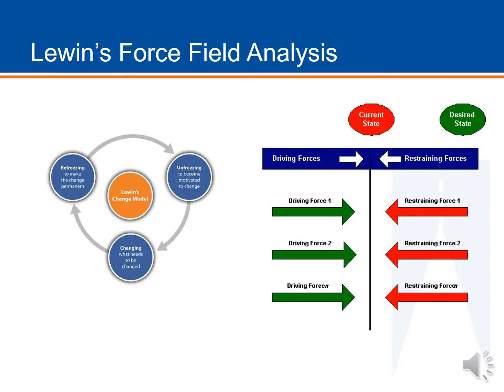And those are what are holding you back and keeping you in the current state instead of moving you forward to the desired state. So if you were to use this model in that second part, changing what needs to be changed, you would want to talk to what are the driving forces and what are the restraining forces for implementation of this change in the current setting. And again, this is one that students really commonly use.